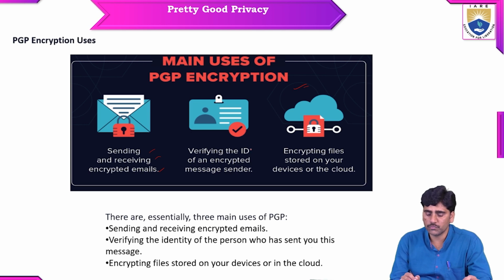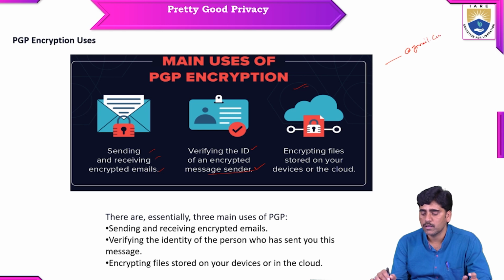And the second one is verifying the ID of the encrypted message sender. Verifying the ID, so the mail ID. The mails start with any letters or numbers and end with a particular mail service provider. For example, abc@gmail.com, xyz@yahoo.com, or 123@rediffmail.com.